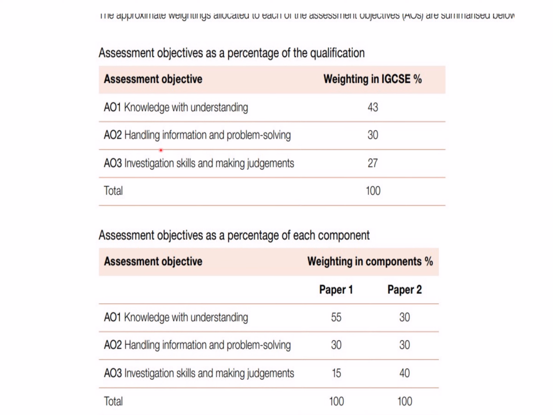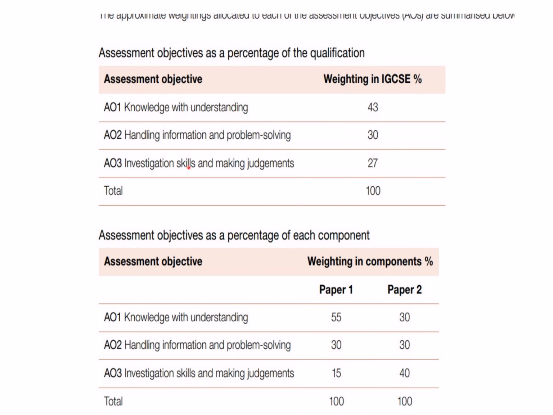Second, assessment objective 2, handling information and problem solving. The weightage for this objective is 30%. This is where they give you data, graphs, or a scenario you haven't seen before and ask you to apply what you know to solve it.